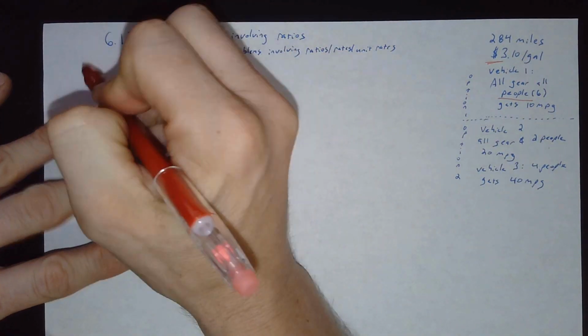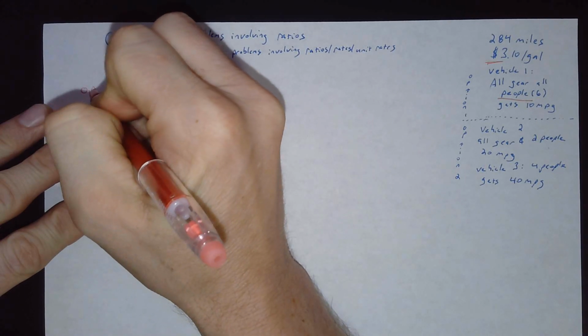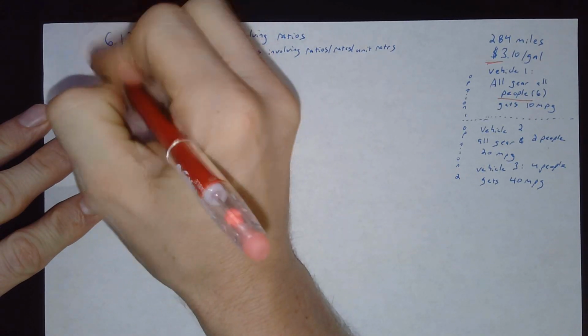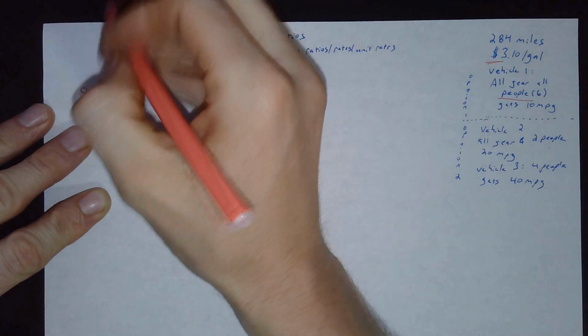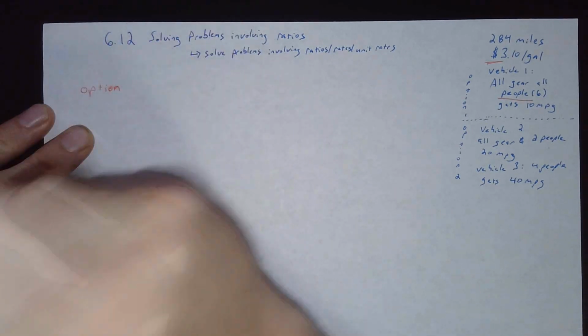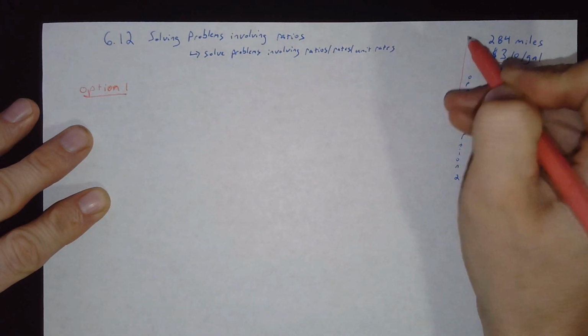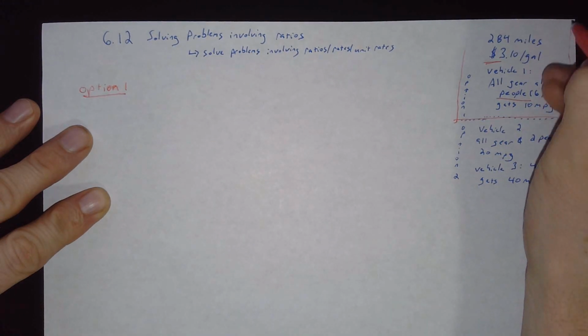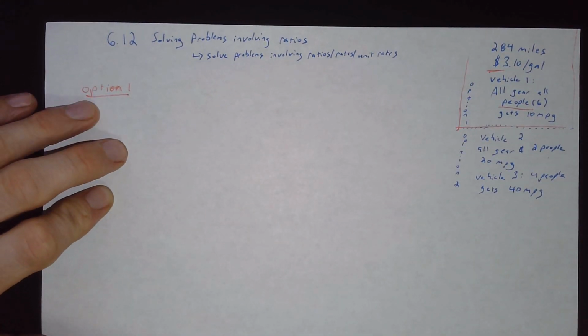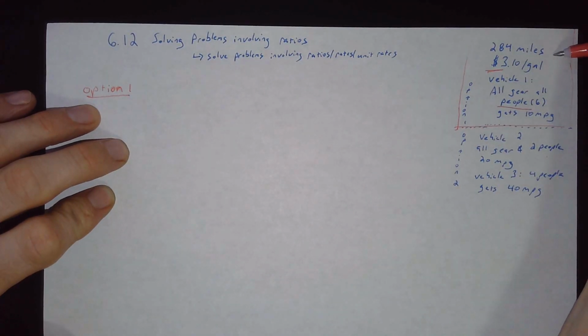So I'll do option one first, using this information. Now, before we start putting stuff into the railroad tracks, you have to figure out what information they gave you in bits and pieces that you need to actually use.